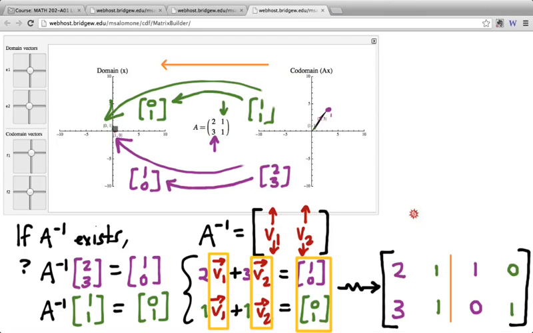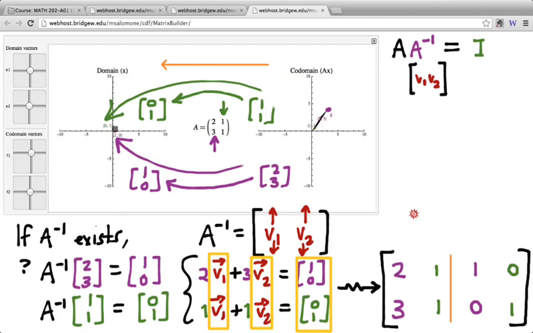So for a moment, let's remember why this works. We're trying, really, to solve A times A inverse is equal to identity. Except that A inverse is made up of two different columns, V1 and V2.